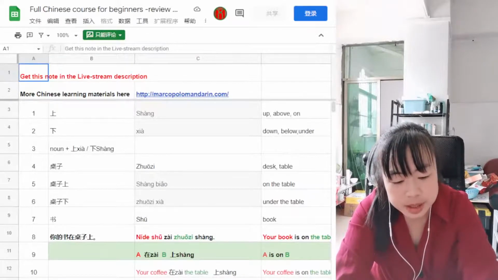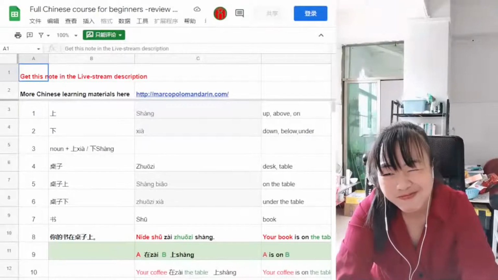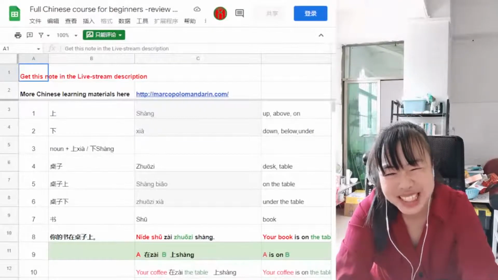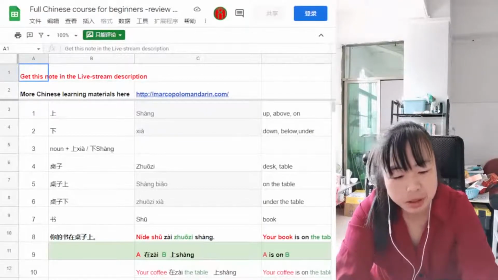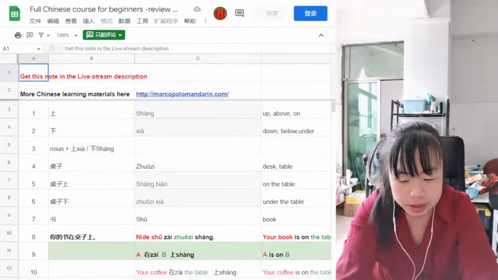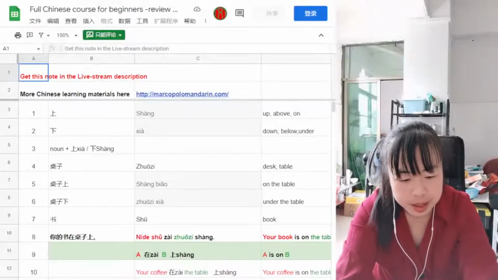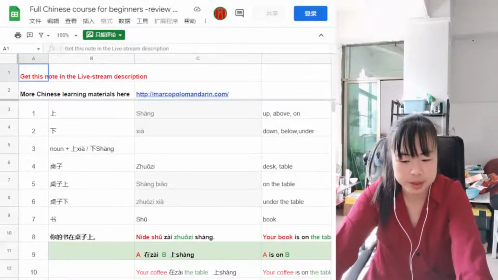So pay attention to these tiny tips. Otherwise, your Chinese will sound not that authentic. Okay. 东边西边南边 and 北边.